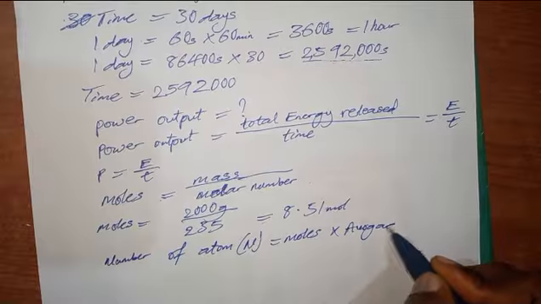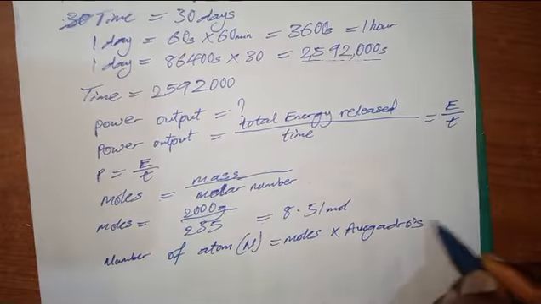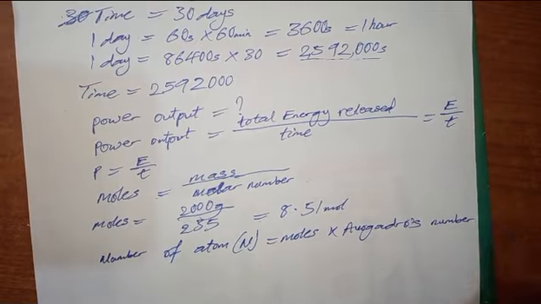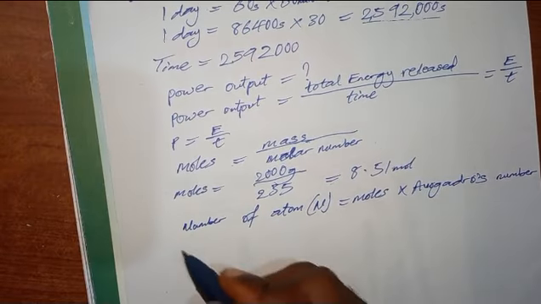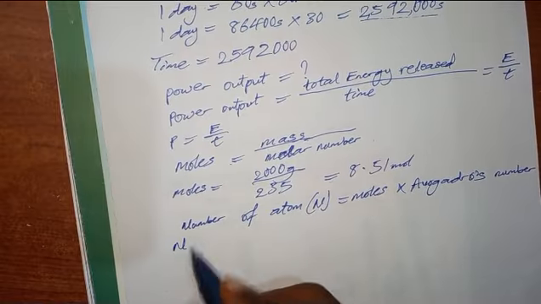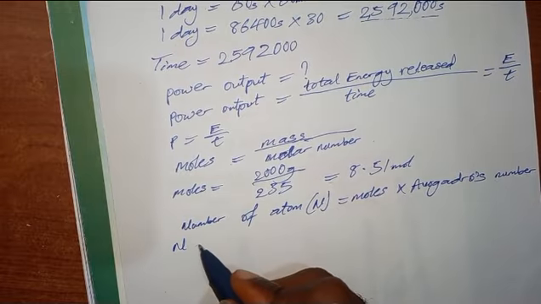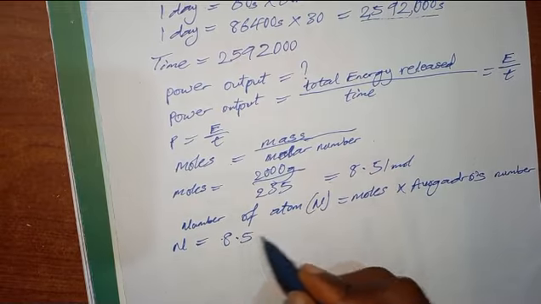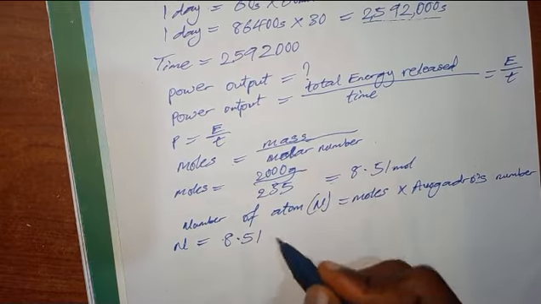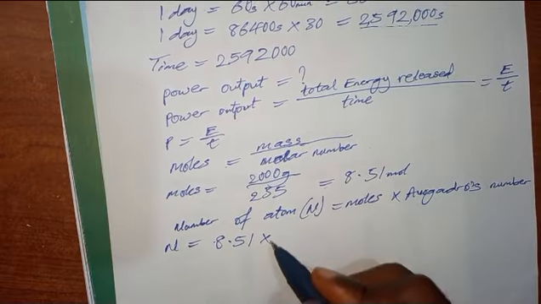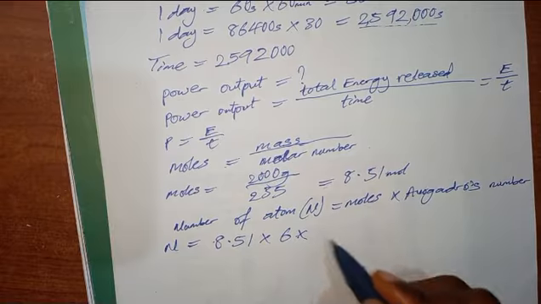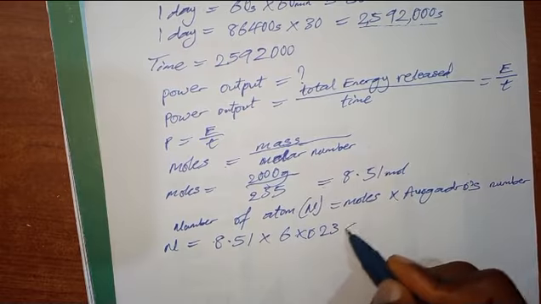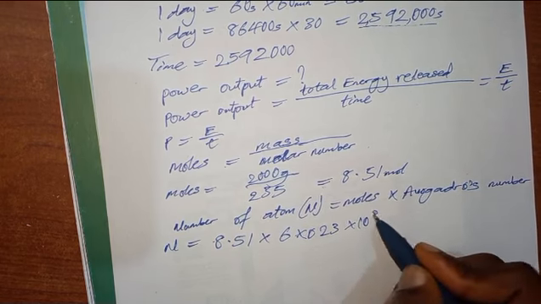Anyway you don't understand, you can ask a question in the comment section, or you can pause the video and try to get it step by step. N is equals to 8.5 moles times 6.023 times 10 raised to power 23.